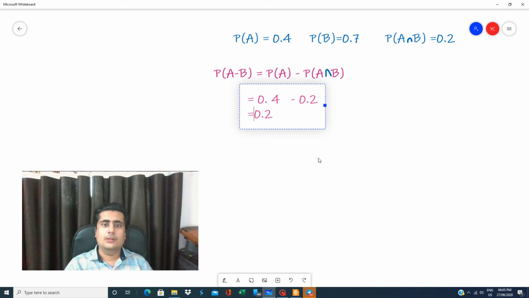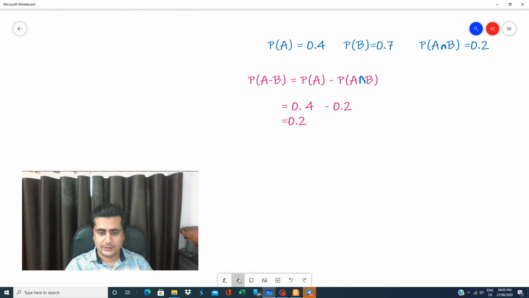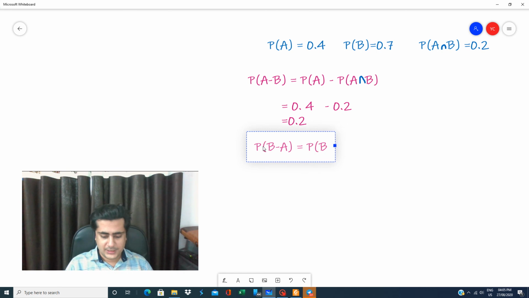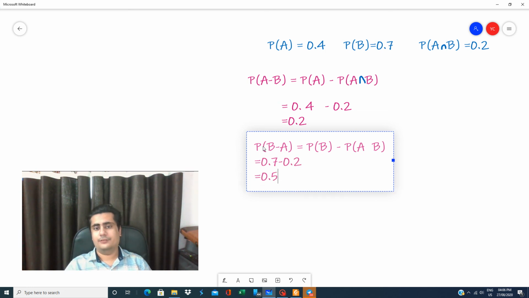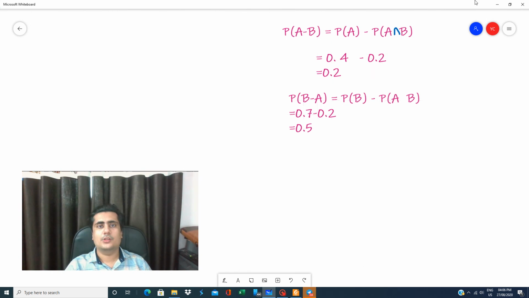Now if I want to find B minus A, then what I'll do? P of B minus A is equal to P of B minus P of A intersection B, which is 0.7 minus 0.2, which is 0.5.